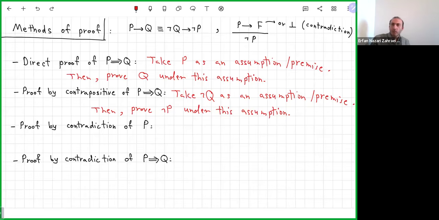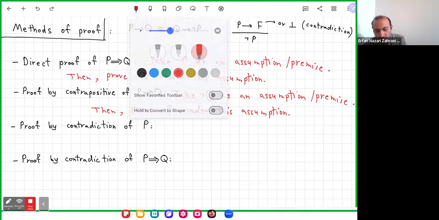Many times you have seen proof by contradiction as well. What is the idea of proof by contradiction? One rule of inference which was not in that table is this.